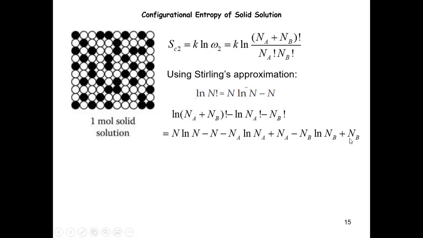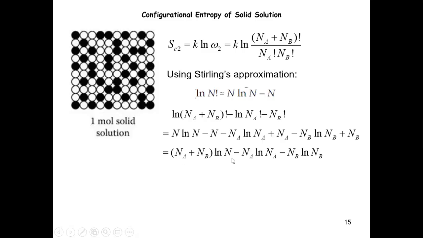Now we begin to see an interesting pattern emerging. First, we see that NA plus NB equals N, but they have different signs. So these three terms cancel one another, and we only have the three log terms remaining. But this is n, and we know that we can split n as NA plus NB.